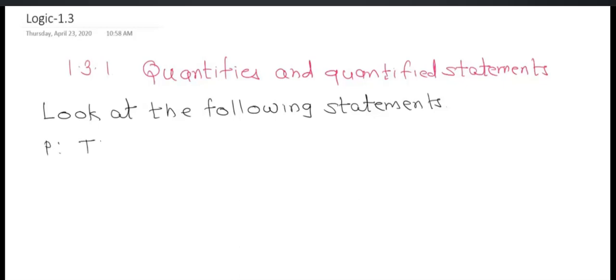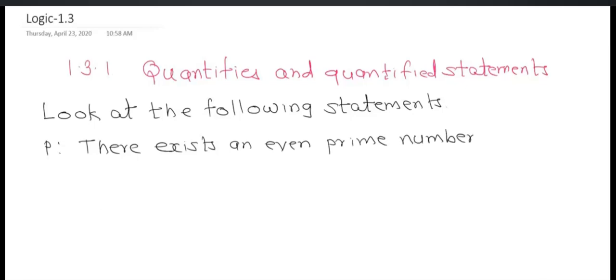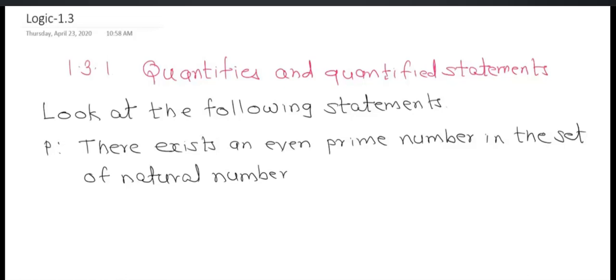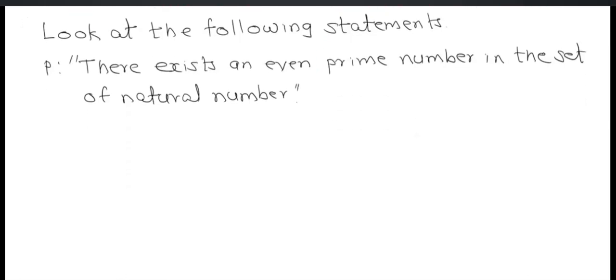The P statement is: there exists an even prime number in the set of natural numbers. Yes, there is an even prime number in the set of natural numbers, and that is 2.